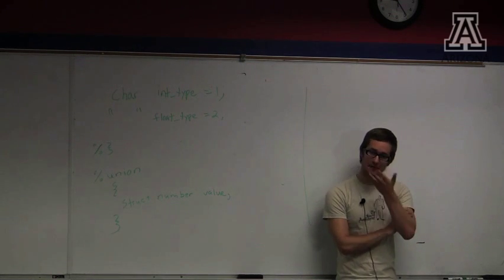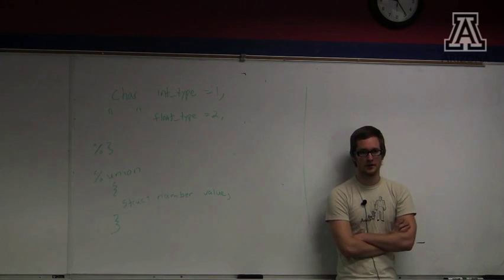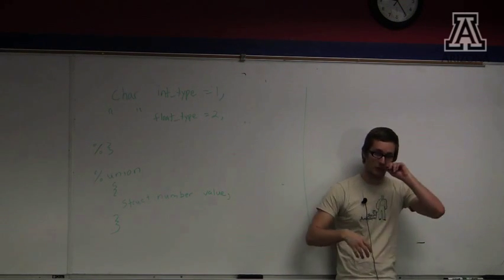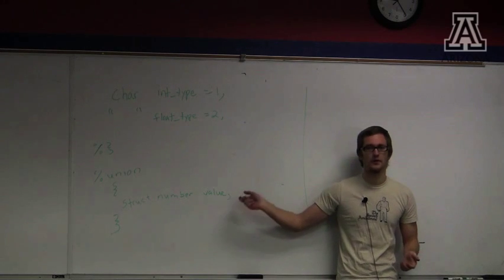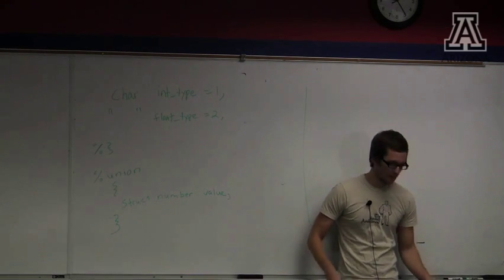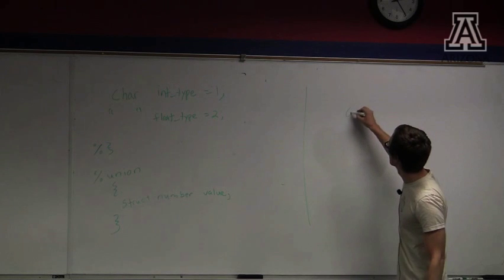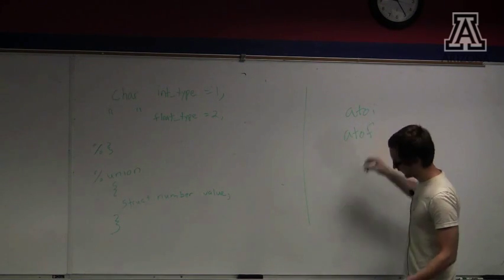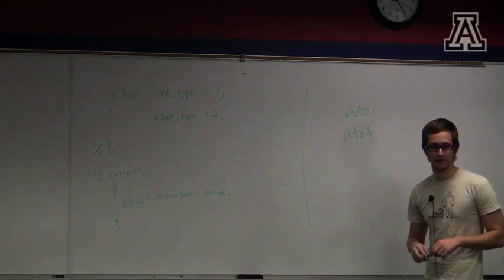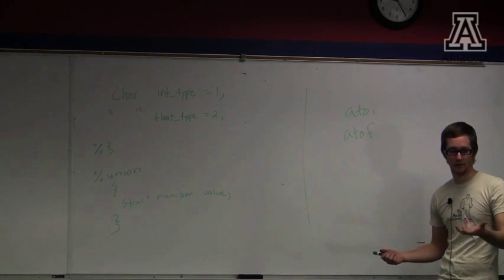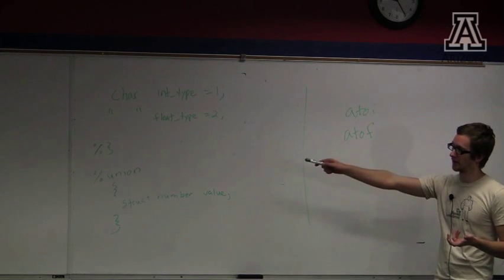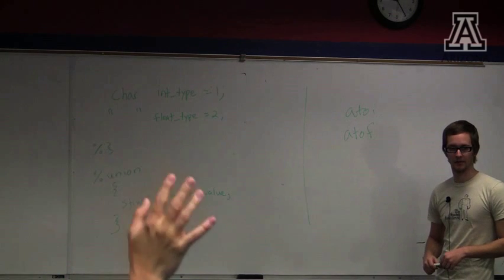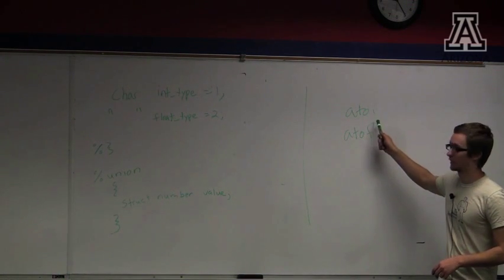And that number, before we return it, we'll modify the YYLVAL to correctly reflect, because we'll know what rule we were in. So we'll know whether or not it was a float or an integer. And then we can use things like ATOI and ATOF to change yytext into an integer or a float. That's perfect, because it's just a character string. And you can just call ATOI and that'll change it to an integer.